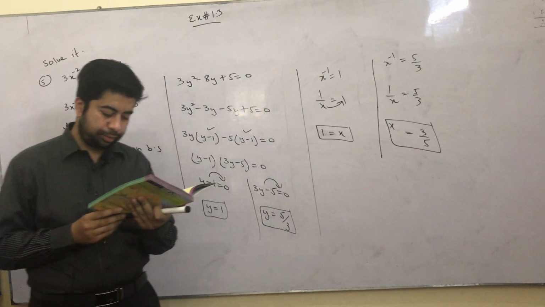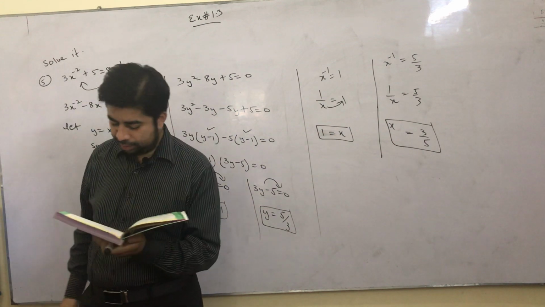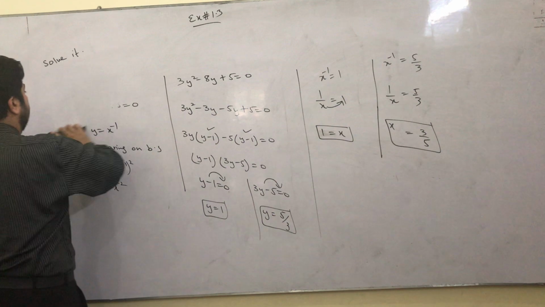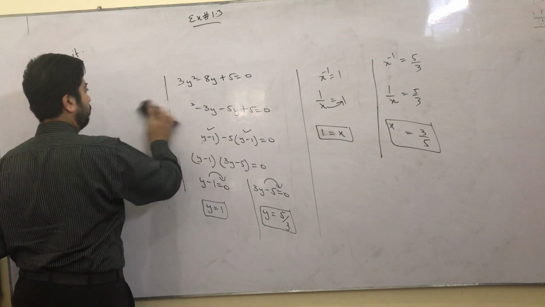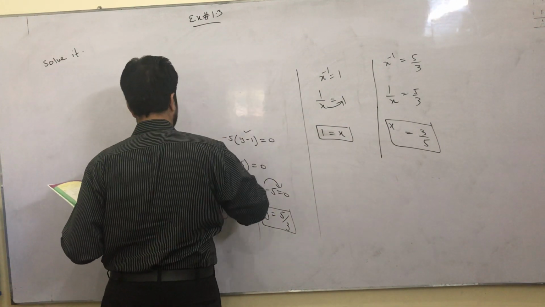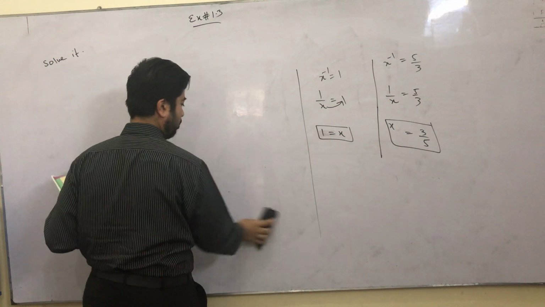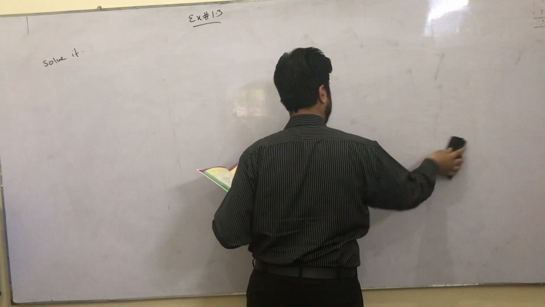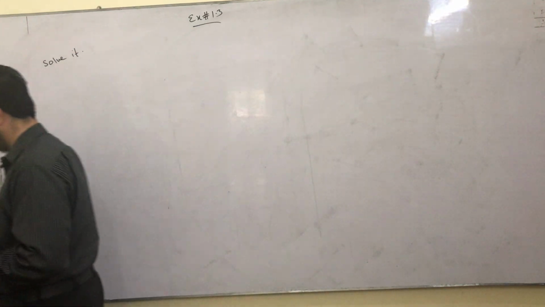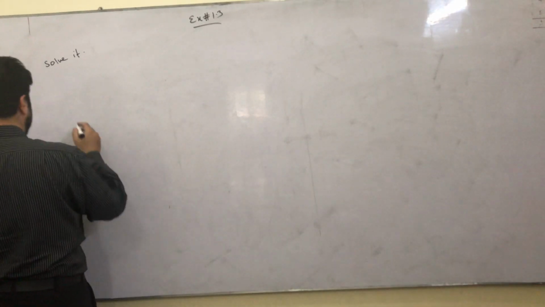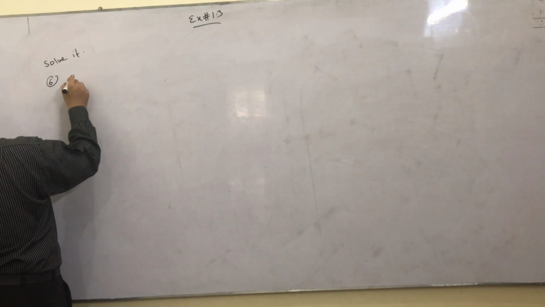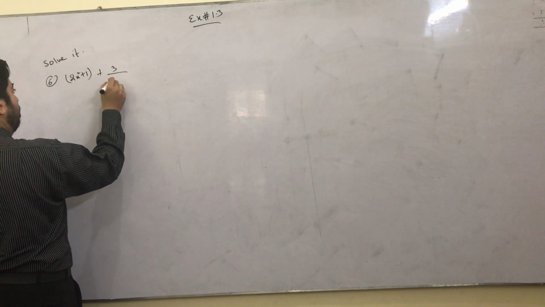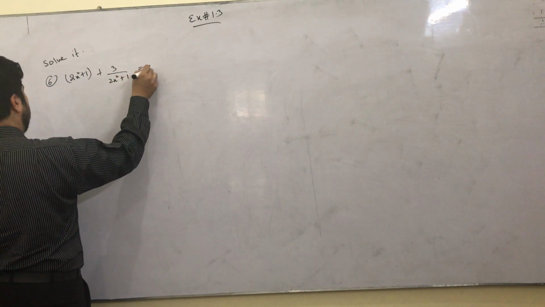And after that, question number 6. Question number 6 is 2x square plus 1 plus 3 over 2x square plus 1 is equal to 4.